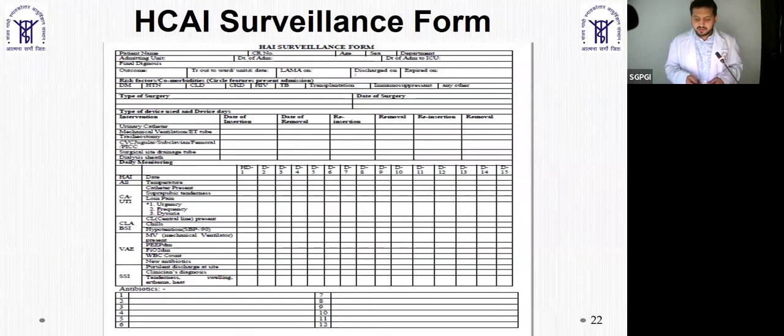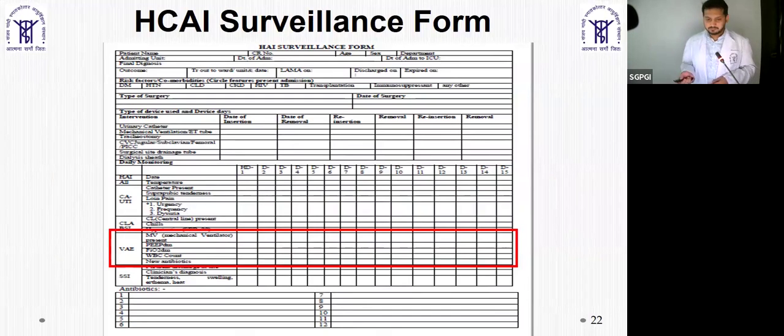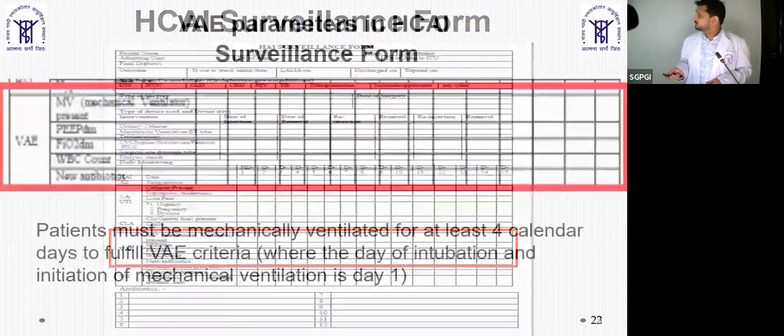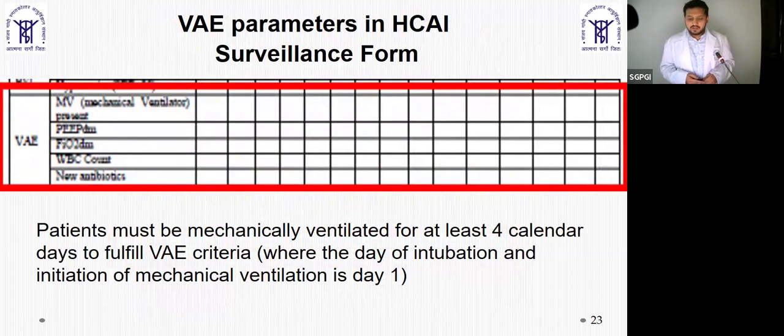This is a generalized HAI, healthcare associated infection form, applied at ICU, wherein our study focused on the VAE component. The VAE parameters that were included are the mechanical ventilation. Here we saw the mechanical ventilation is present or absent on daily basis. Then PEEP, that is positive end expiratory pressure.